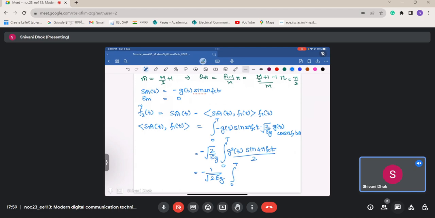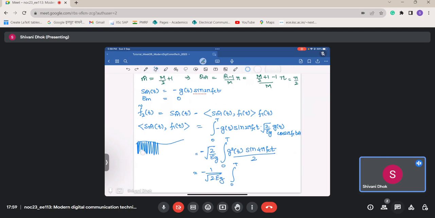And this fc is very high, and corresponding to this gt is very slowly varying, so basically this gt is some sort of an envelope. So this gt is varying like this, and this carrier 2 pi fct is varying like this. So this means that this gt is basically not changing the nature of sine that much.